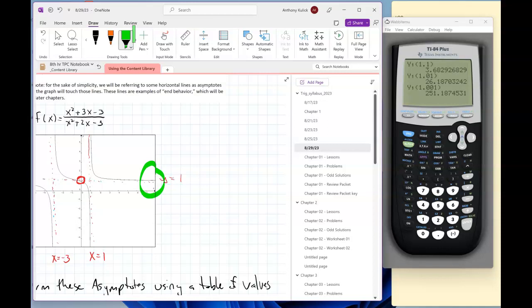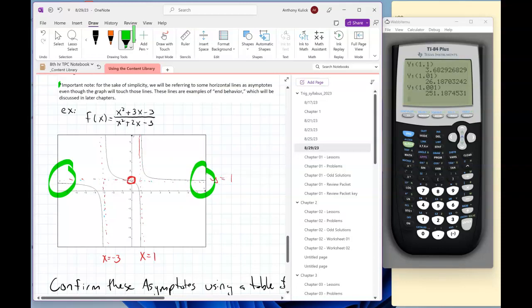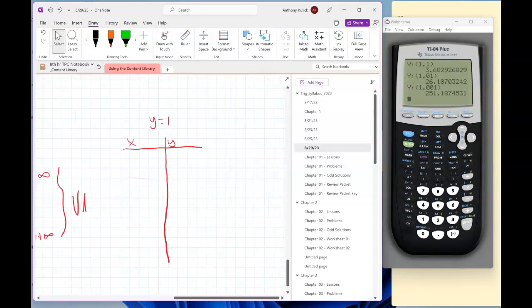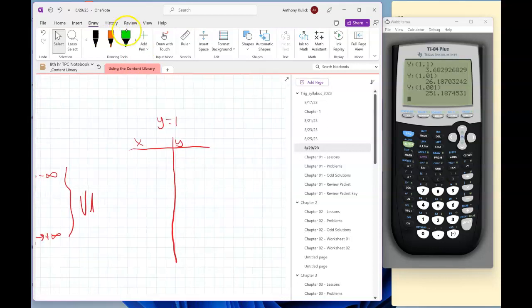The x's are getting really big, right? So I'm going to pick progressively larger and larger x's. And to cover this end, I'm going to pick progressively smaller and smaller x's to find the y's. Okay with that? Instead of getting close to a specific x value, we want to get close to really big or really small x values.